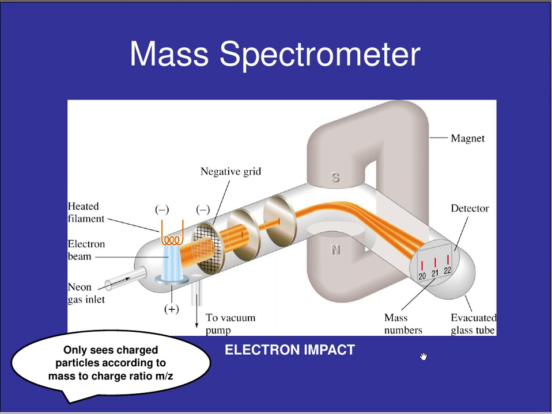There are other types of mass spectrometry which we'll not deal with, but this is electron impact mass spectrometry. Point to note is that if you've got a molecule coming through, your molecule will also have energy as it comes through, and that energy has interesting consequences, as we will see.